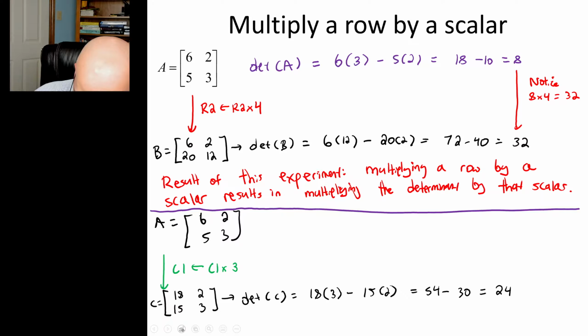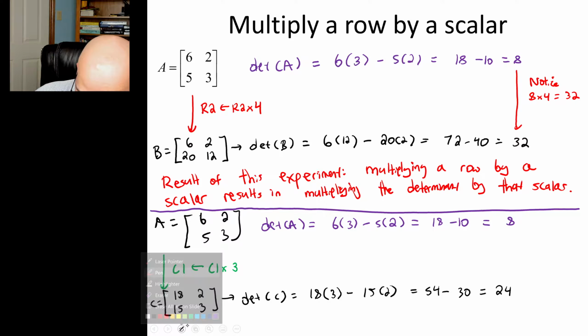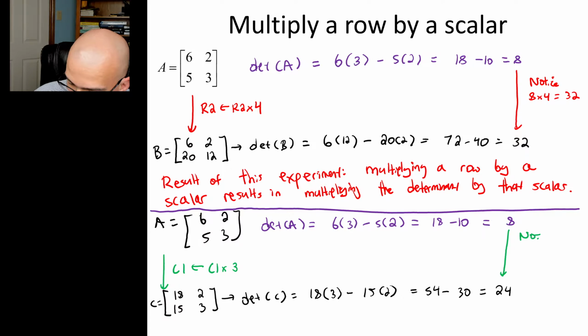Our original determinant of A, 6 times 3 minus 5 times 2, 18 minus 10, is 8. And notice the relationship between these: 8 times 3 is equal to 24.